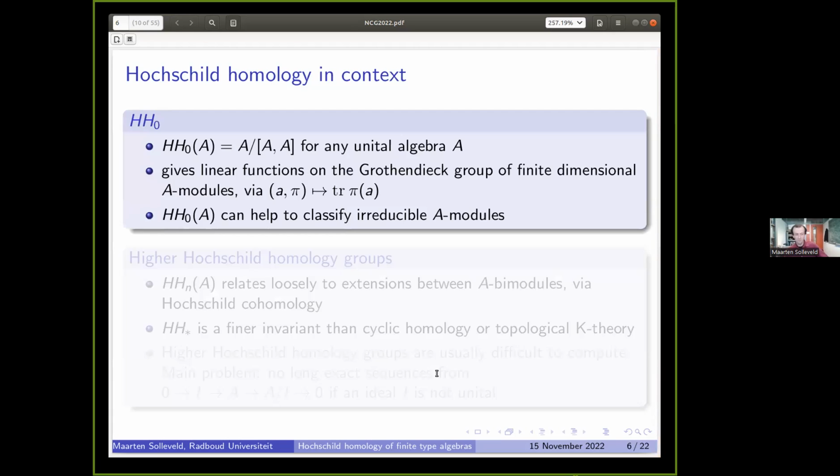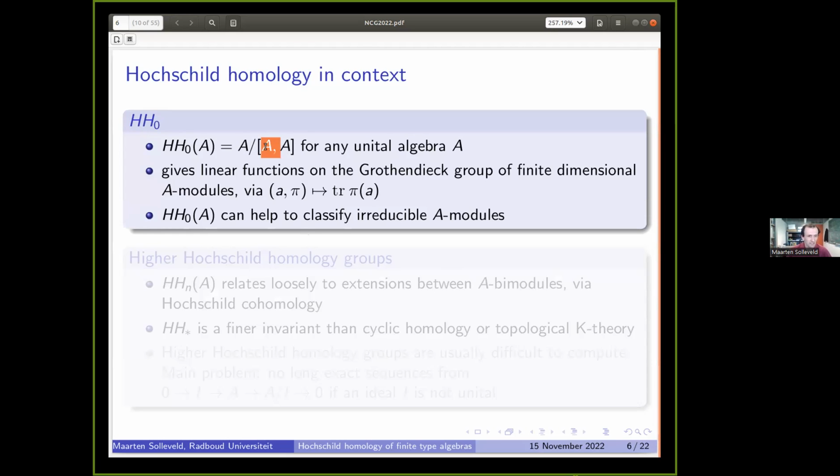And yes, this relation between Hochschild homology and representations persists to general algebras, at least for the zeroth Hochschild homology. Firstly, it's not immediately obvious from the definition, but if you write down a complex, it's very easy to see that the Hochschild homology in degree 0 is just, you take the algebra A and you divide out all commutators, at least if it's a unital algebra A. So that's an easy thing.